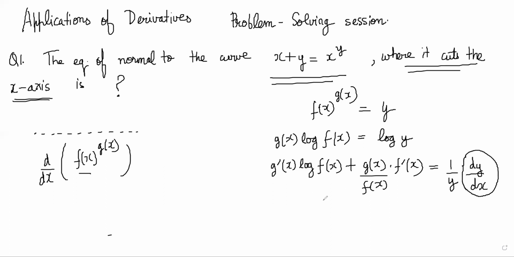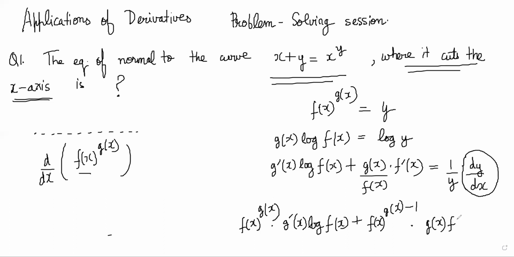So dy by dx is equal to y times this thing. Now y times this thing is actually f(x) power g(x) multiplied by g dash x log f(x), plus f(x) power g(x) minus 1 multiplied by g(x) f dash x, because there is a divide by f(x). Correct.